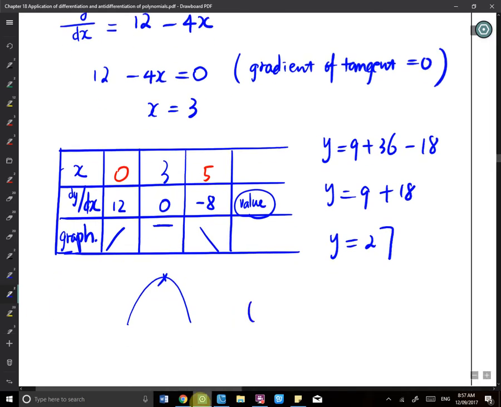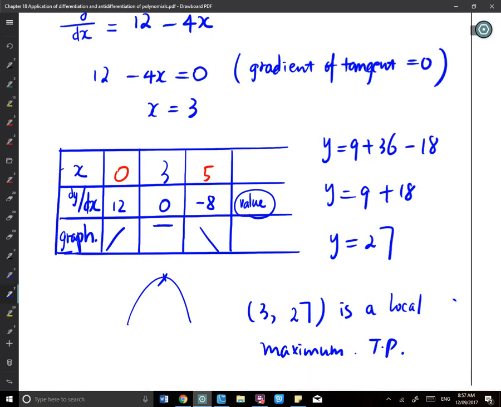So the point (3, 27) is, I would say, a local maximum turning point. Well, I don't know whether it's an absolute maximum or not, but what I can say is that it's a local maximum. It's not necessarily an absolute maximum, but it's definitely a local maximum. So I'll say that's a local maximum point.